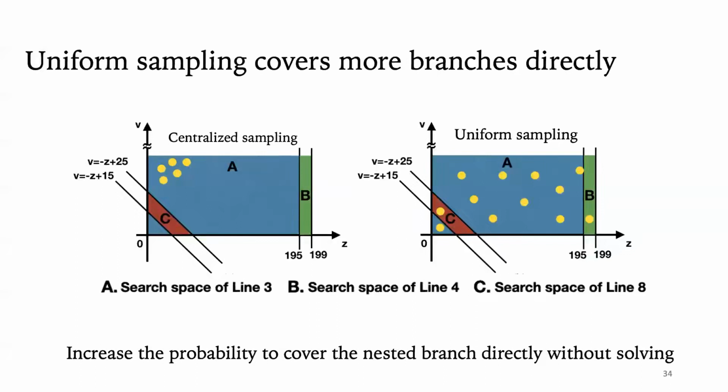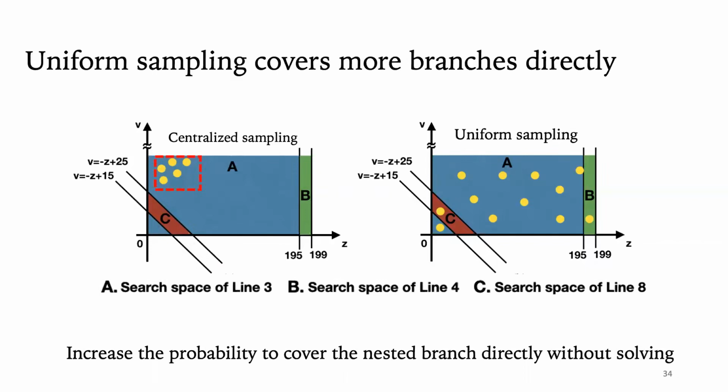Meanwhile, fuzzing should sample from a uniform distribution. The uniform distribution increases the probability to cover more dominant branches directly without further solving. For example, if we sample from the search space of the condition at line 3 with a centralized sampling algorithm, the input may not cover the branch at line 4 and 8 directly.